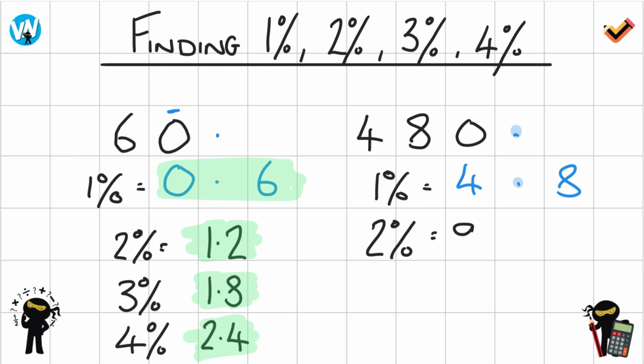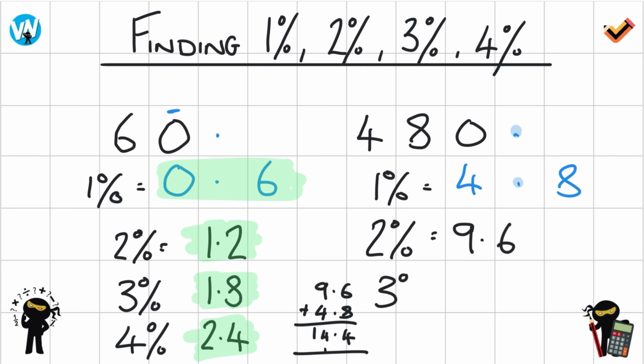And again, if at this point you were struggling to work out what 9.6 add 4.8 is, there's nothing stopping you from doing a column addition somewhere. I know I've not got much space, but you could do 9.6 add 4.8 very quickly. 6 add 8 is 14, carry the 1, 9 add 4 is 13, add the 1 is 14.